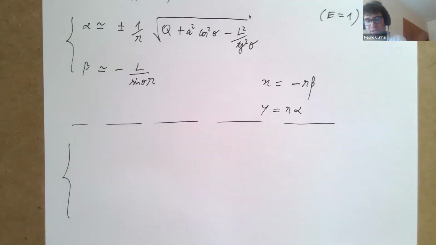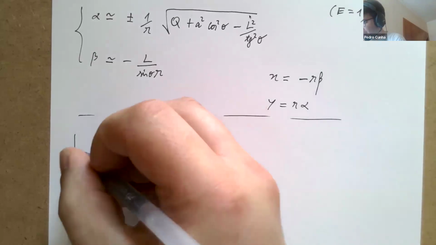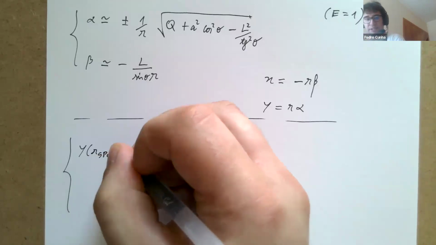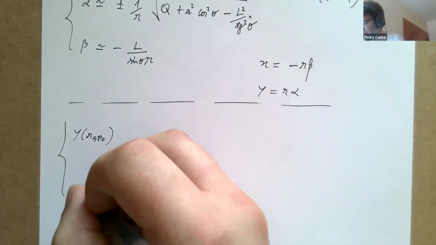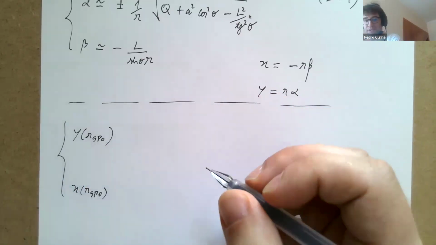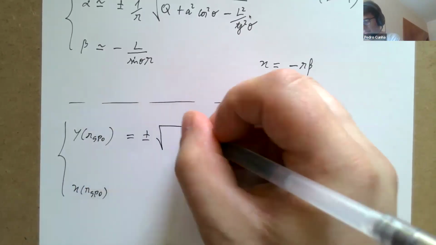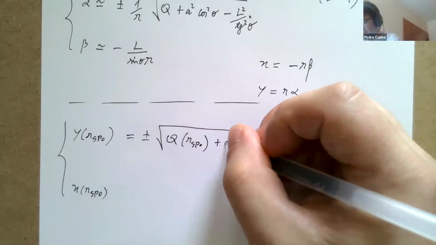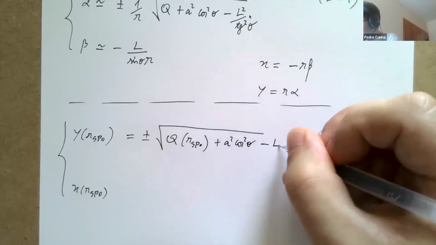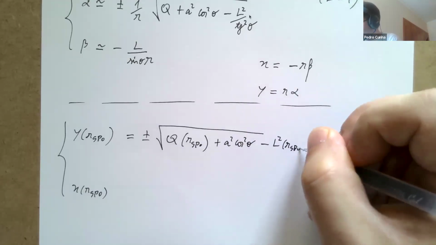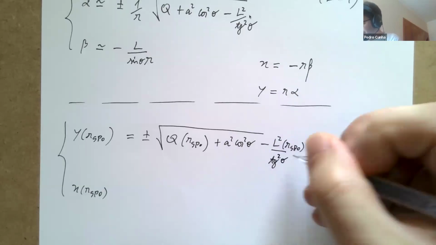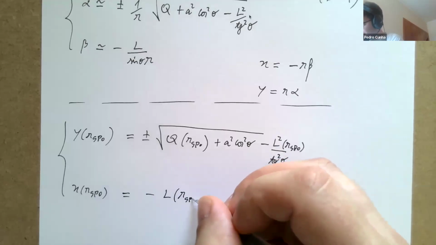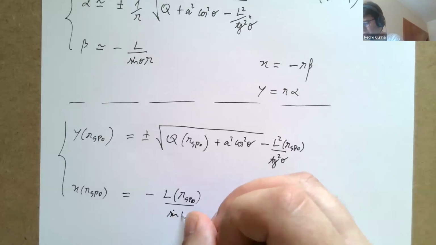So for the actual shadow of a black hole, essentially you take this expression and you can define the shadow edge of a black hole in a parametric way. It depends on the radius of the circular photon orbit as plus minus square root of Q(r_SPO) plus a squared cosine theta minus L squared, which depends on the radius of the SPO. And here is minus L of the radius of the SPO, divided by sine of theta.